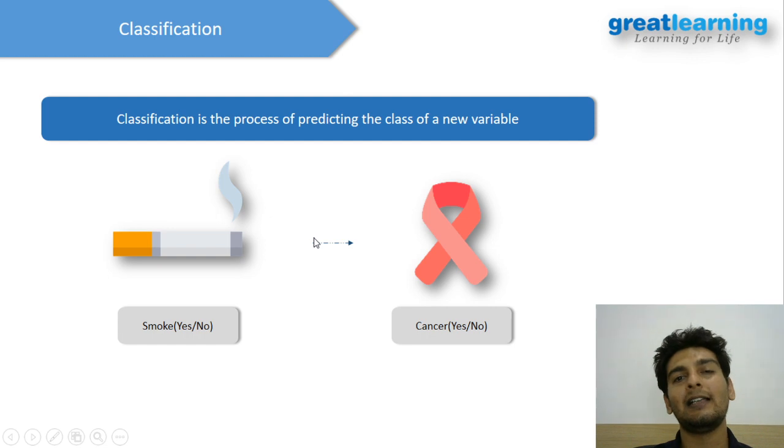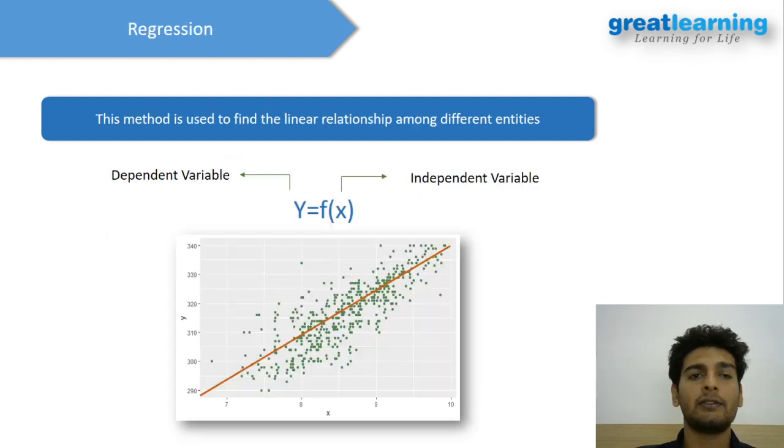With the help of this classification algorithm, I'm trying to determine if a person smokes or if he doesn't smoke, what is the probability of that person having cancer, right? So this is how a classification algorithm works. Next we'll head on to the next type of supervised learning algorithm, which is regression.